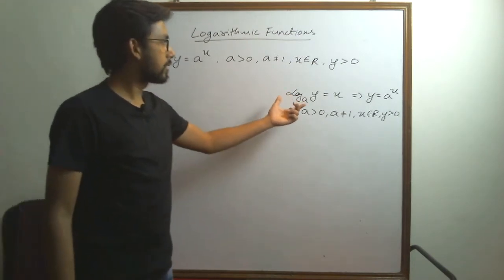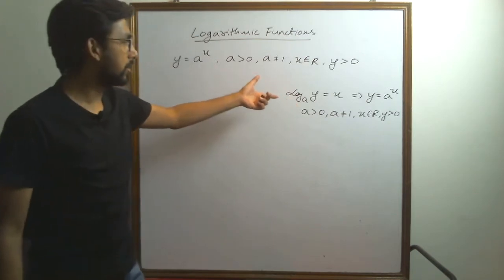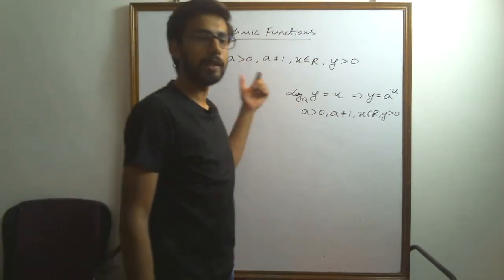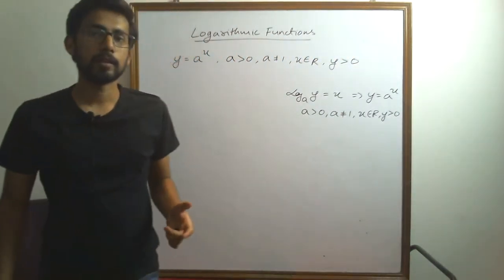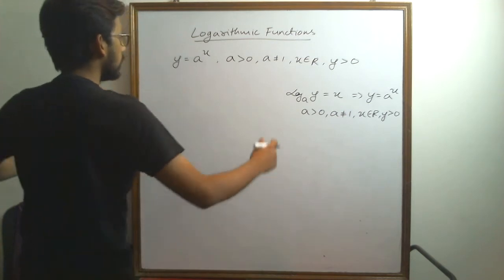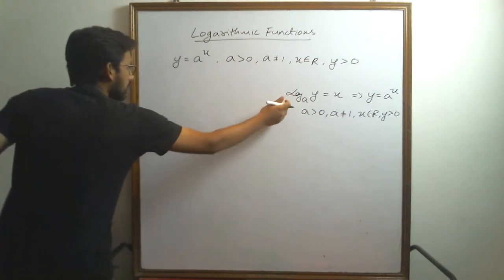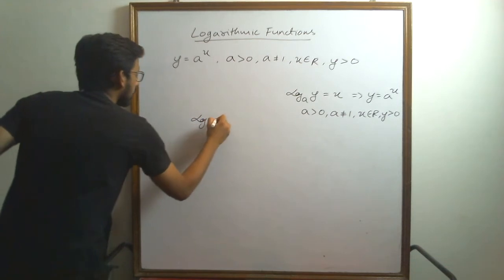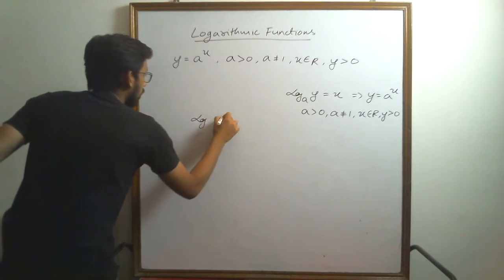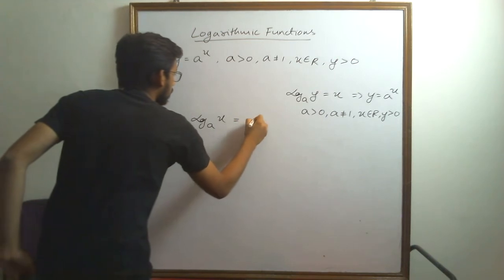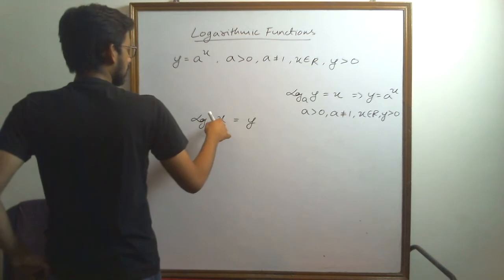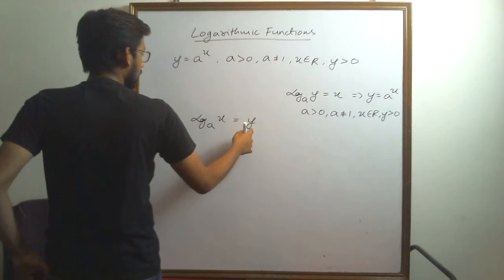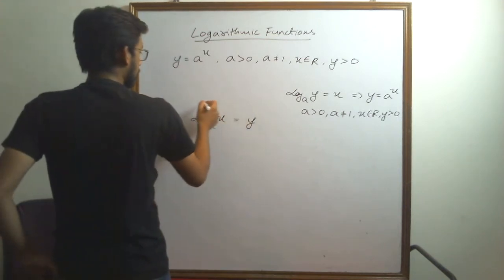Now, this is a function, but remember that when writing a function, we take x as the independent variable and make y the dependent variable. So what we do now is write it in this way such that we get log x to the base a is equal to y. So we make the independent variable x and the dependent variable y, and we get the logarithmic function.